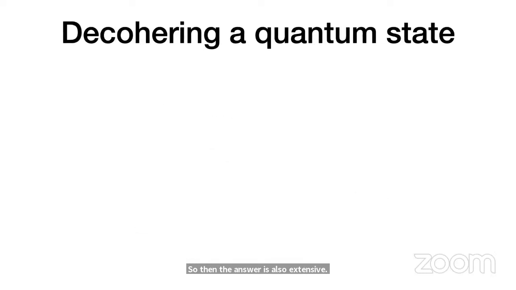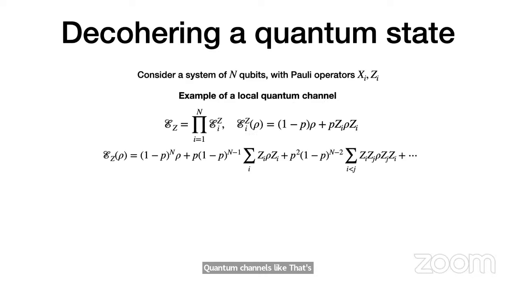All right. So let me discuss a particular example of a decohered quantum state by a quantum channel, in case you're not familiar with this. Quantum channels, like, that's my status half a year ago.